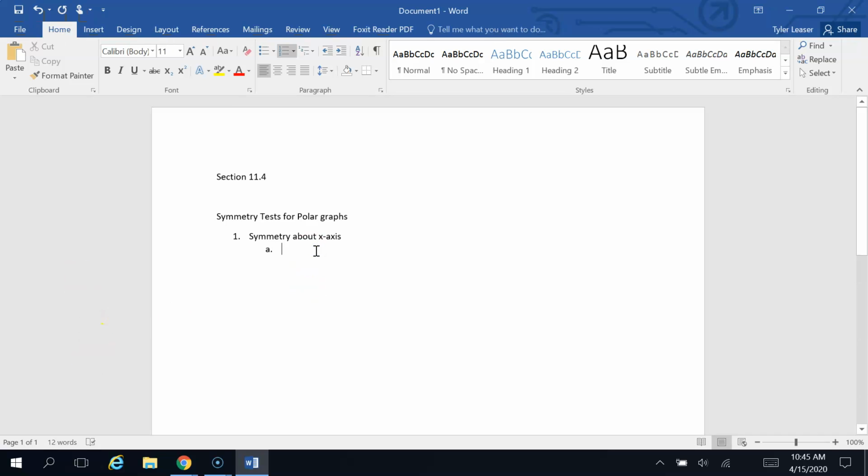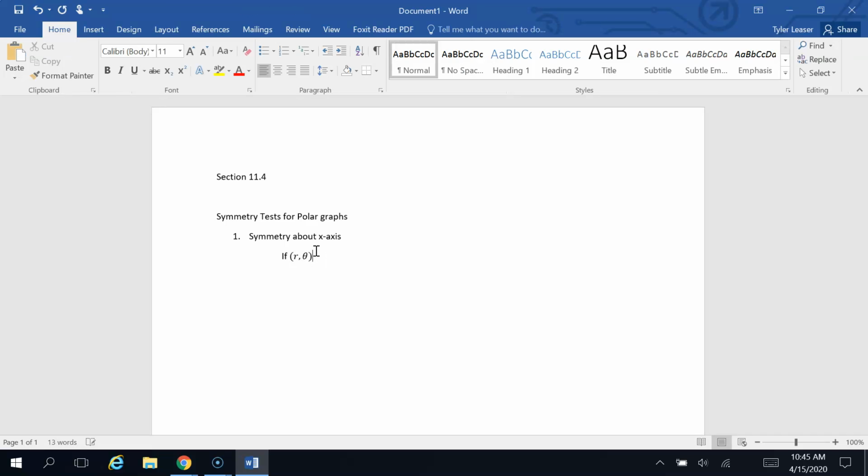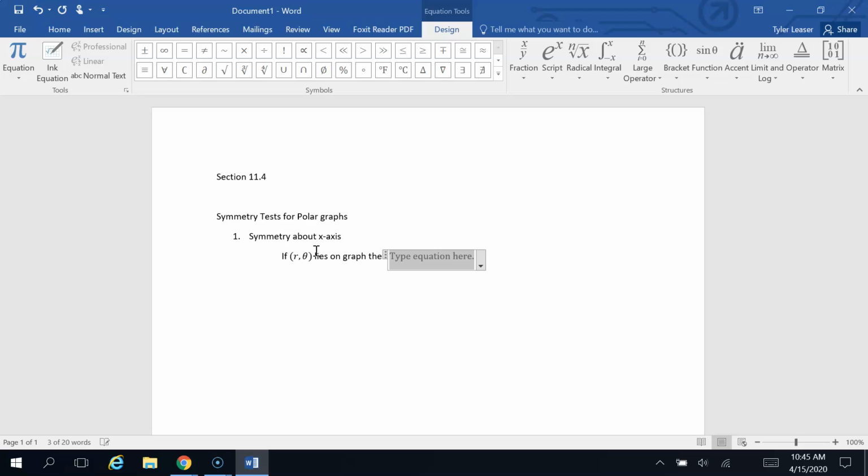So to test if something is symmetric about the x-axis, this is true if those points that we were looking at, those (r, θ) in polar form, if these things lie on the graph, then two other kinds of points also lie on the graph: (r, −θ) and also (−r, π − θ).